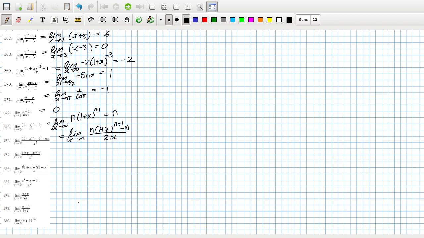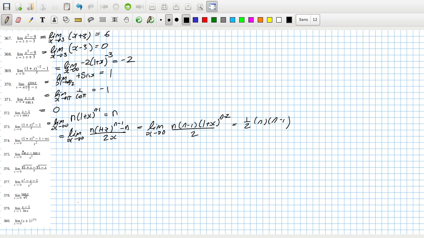That's going to be L'Hopital again. Limit x goes to 0, and n minus 1, 1 plus x, n minus 2 over 2. So that is a half n minus 1.